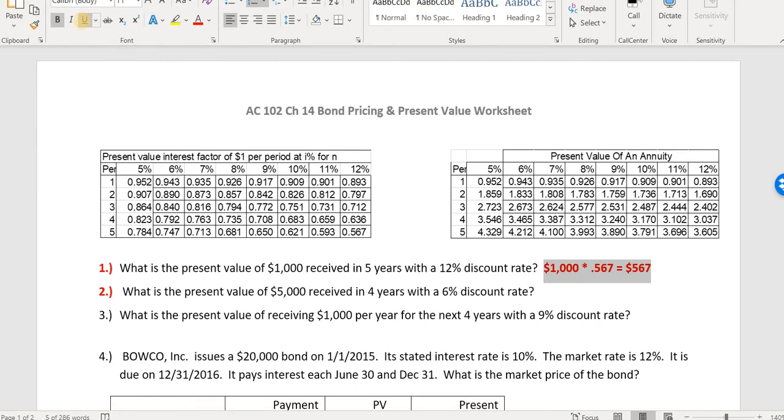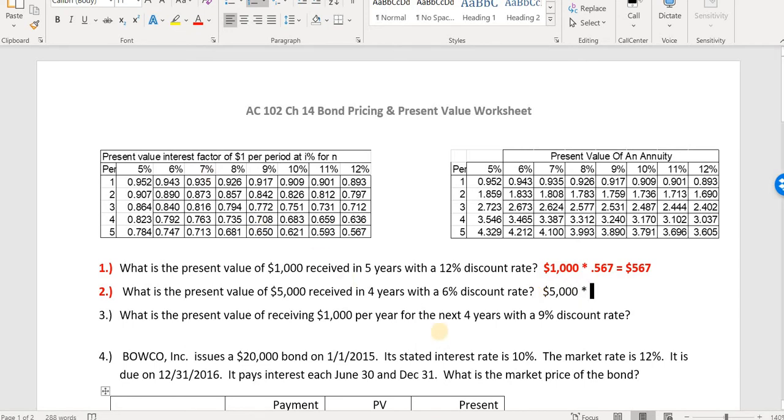Let's try number two. You try it. Pause this video for a second and figure out the present value asked for in number two. Let's see how you did. What's the present value of $5,000 received in 4 years with a 6% discount rate? We're going to take $5,000 times our factor.